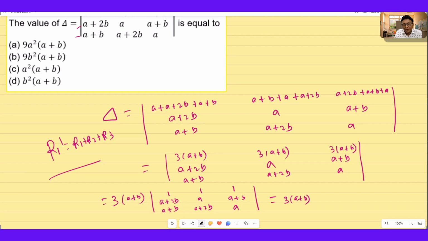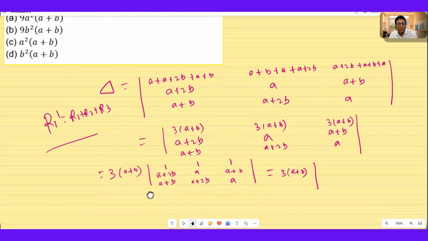So this will be 3 into a plus b. I have taken 3 as common, 3 into a plus b as common. Now subtract this from this and this. 1, 0, 0. The operation you write is C2 dash C2 minus C1, C3 minus C1. So this will be a plus 2b minus 2b.